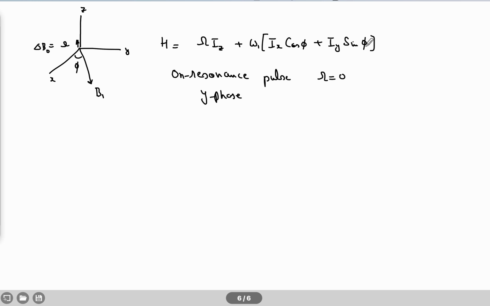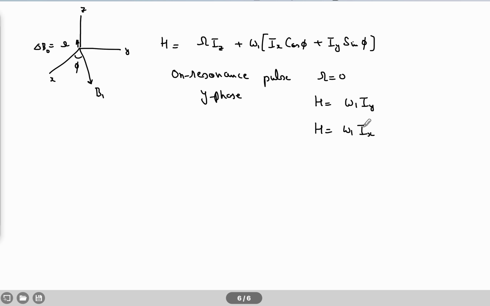So if phi is 90 degree, what do I have? I will have H is equal to omega 1 Iy, because the Ix term will go to 0, cos 90 will be 0, and I'll be left with only sin 90, which is 1, so I will have omega 1 Iy, right? So this is an on resonance pulse with Y phase. Similarly, if you want to have an on resonance pulse with X phase, I will have omega 1 Ix, right?